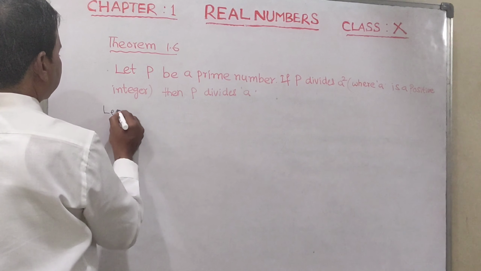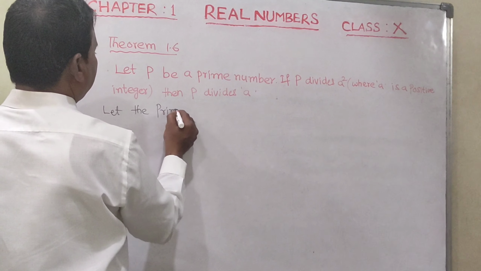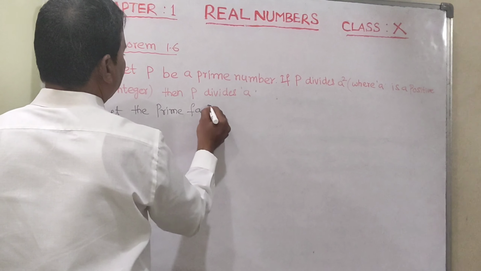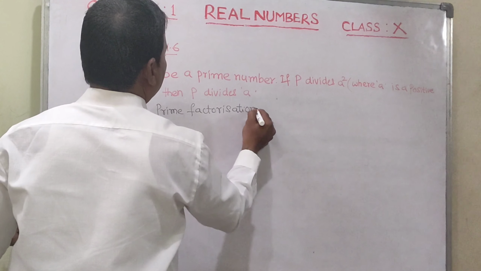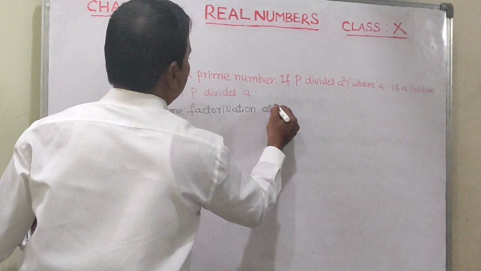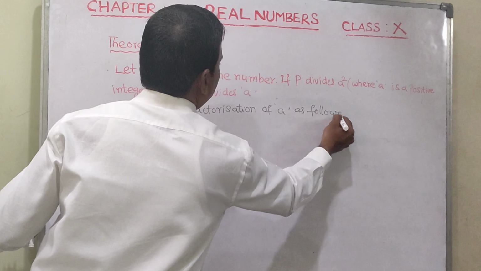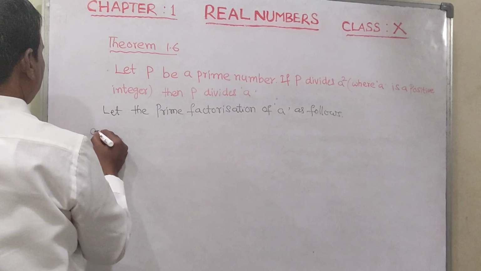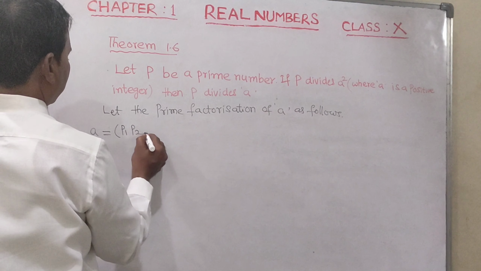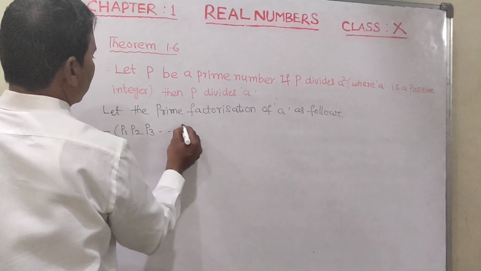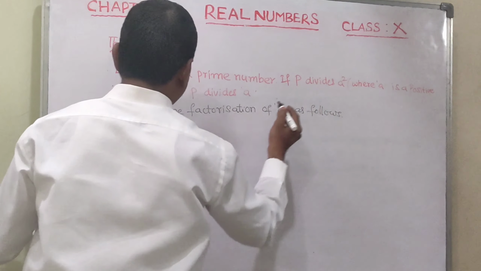Let the prime factorization of a be as follows: a equals p1, p2, p3, and so on up to pn.